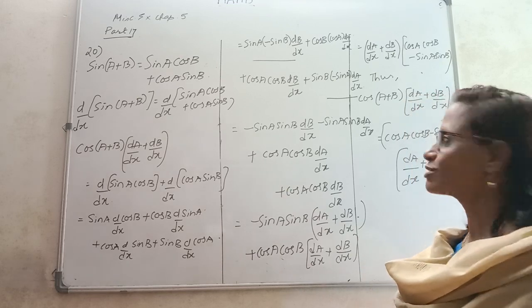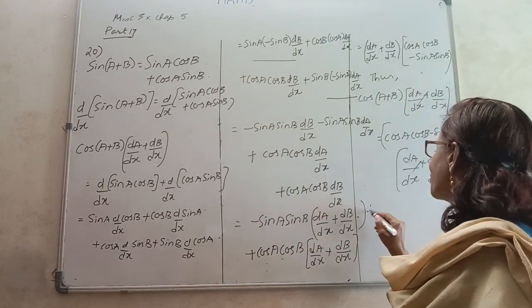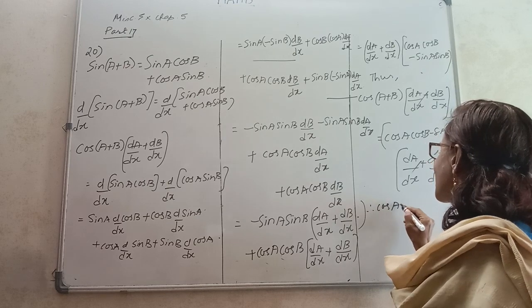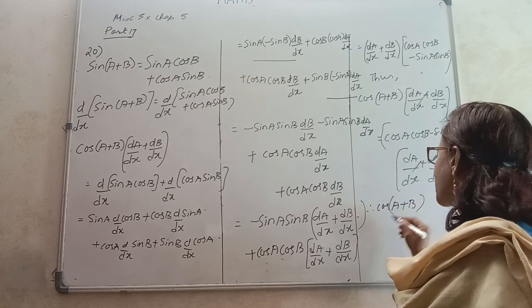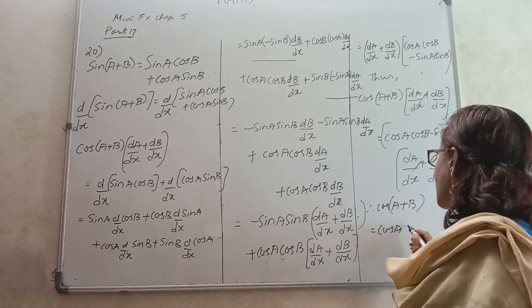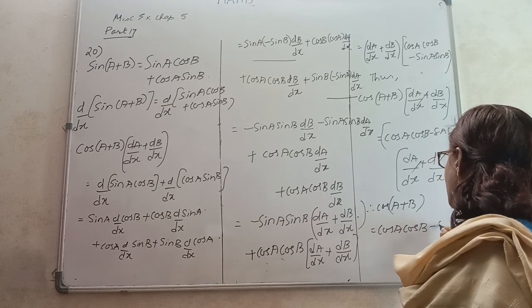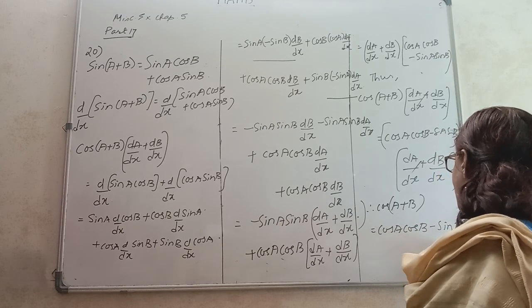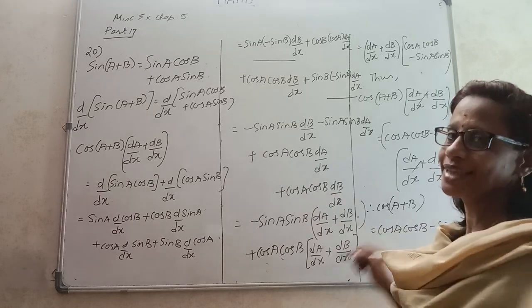It's easy to cancel dA/dx plus dB/dx on both sides, and that's how we get cos(A+B) equal to cos A cos B minus sin A sin B. And that's the cosine formula.